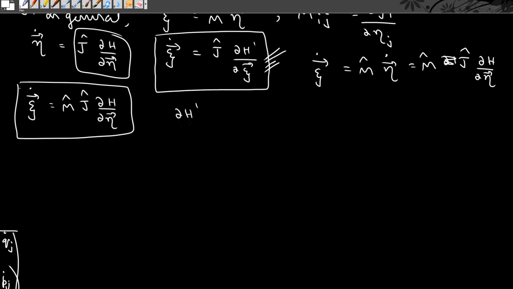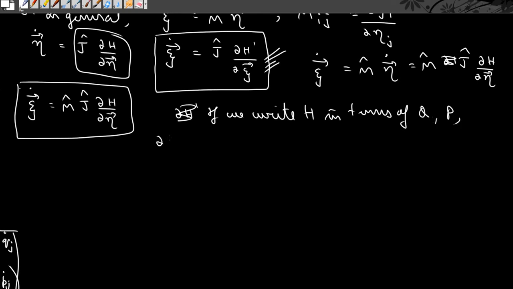Okay. Now consider dou H dash. If we write H in terms of our new coordinates Q and P, then the value dou H by dou eta, or dou H dash when we write it in terms of the new variables, this becomes H dash.